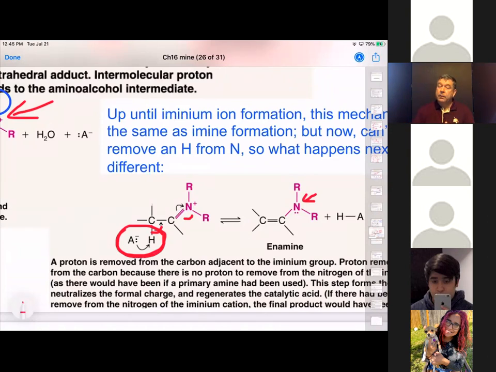We still have a double bond, but instead of between the carbon and the nitrogen, we now have it between two carbons adjacent to the nitrogen. Notice the nitrogen is still bonded to the carbon with the carbonyl, and that carbon is now double bonded to a carbon and not a heteroatom like oxygen or nitrogen.